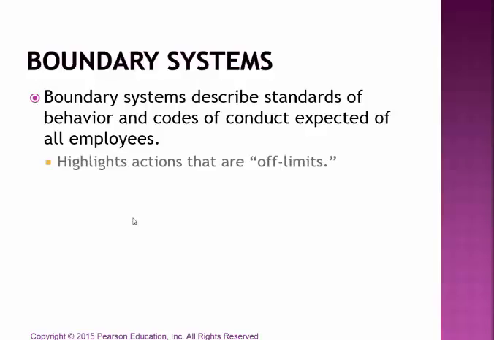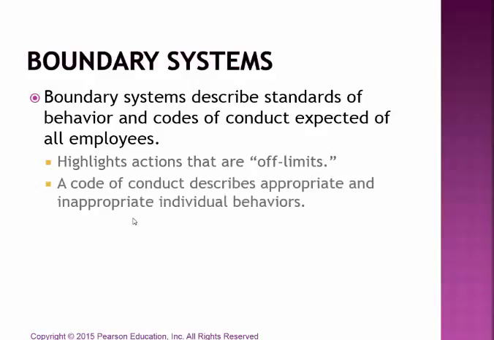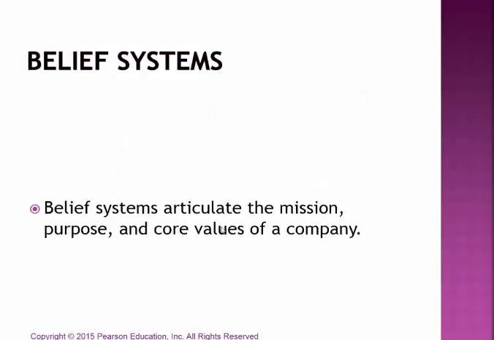It highlights actions that are off limits. A code of conduct describes appropriate and inappropriate individual behaviors. Many times companies are going to have not only a code of conduct, but also a code of ethics. So we're talking about the culture and the things that we deem that they should all be responsible for acting and behaving within those parameters.